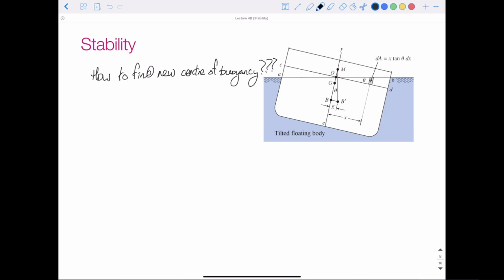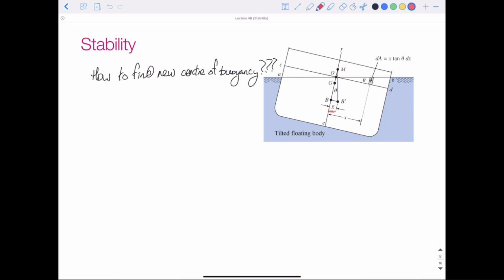The center of buoyancy is going to be acting at some distance x bar away from our symmetric axis, in the direction of the original horizontal position of the boat or the object.